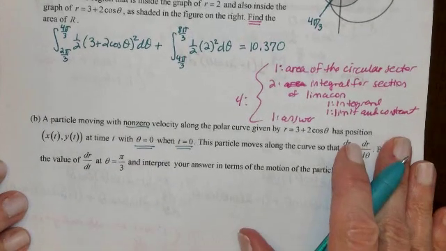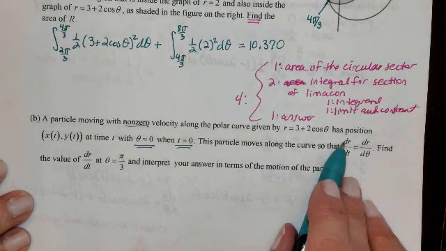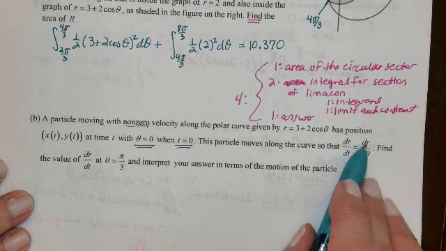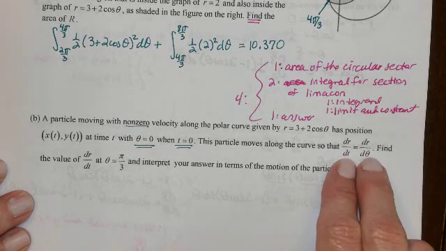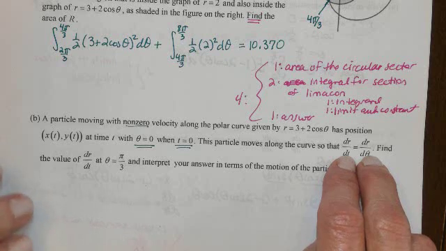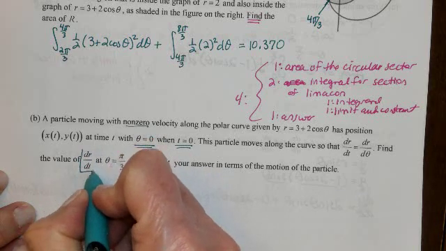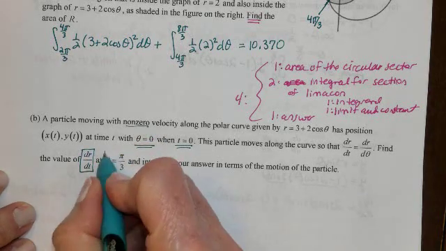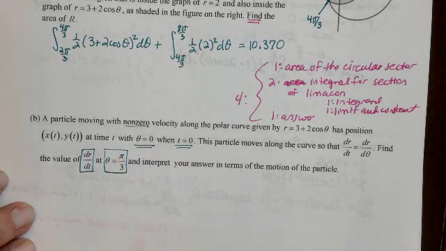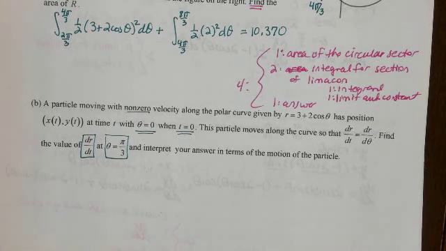This particle moves along the curve so that dr dt is equal to dr d theta. So t and theta are acting the same. Find the value of dr dt at theta equals pi over 3, and interpret your answer in terms of the motion of the particle.